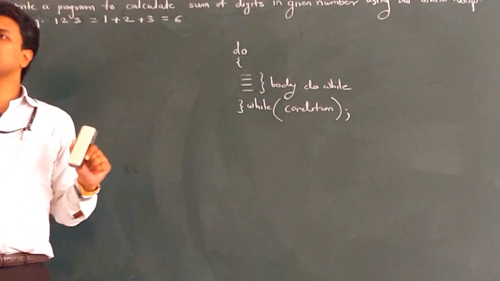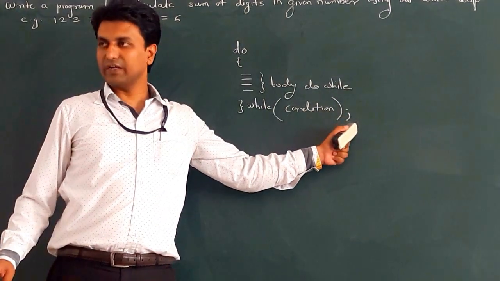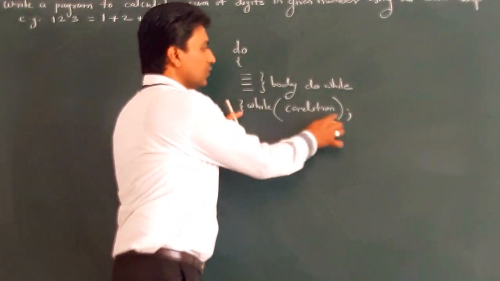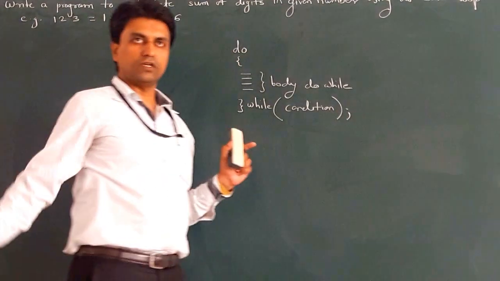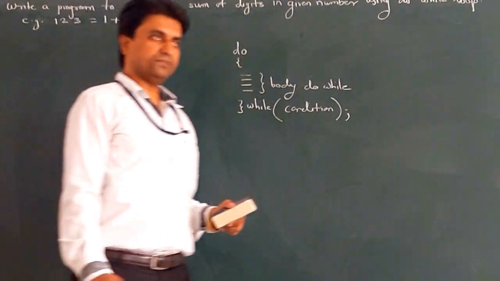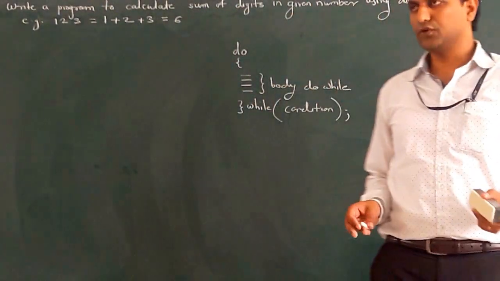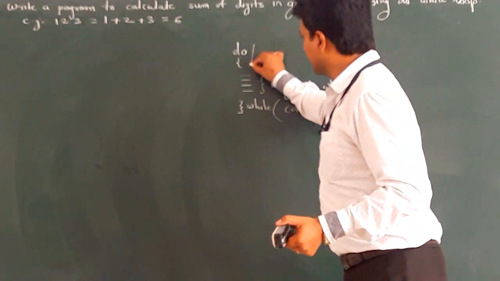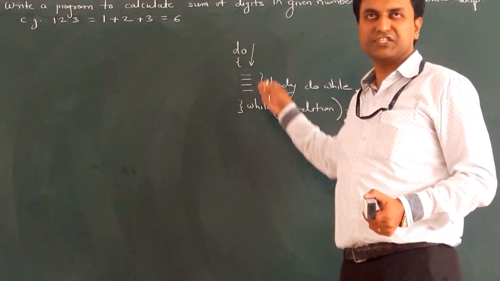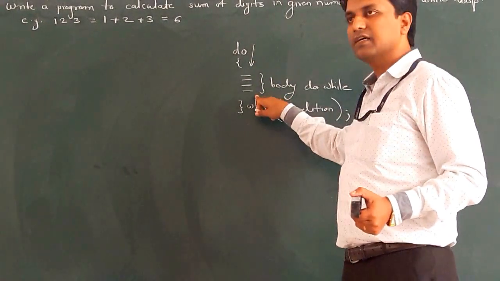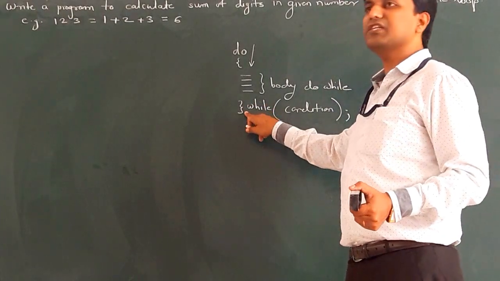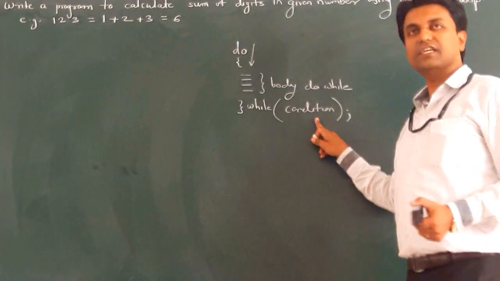In a while loop there is no semicolon after the end of the loop, but in a do while loop, syntactically, when the loop ends, you write a semicolon. Here is the body of the do while loop. It is called an exit time condition checking loop because the first time you get entry into the loop, there is no condition. You directly enter the do while loop, and after completion of the body we check the condition.